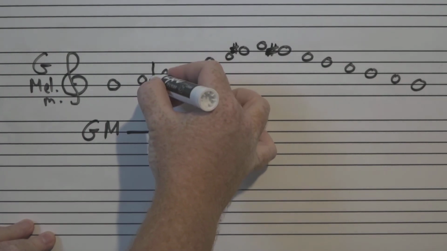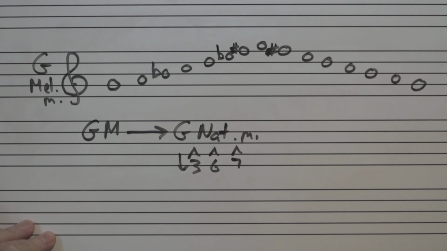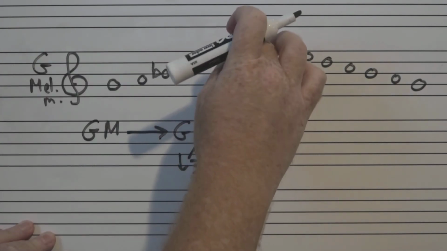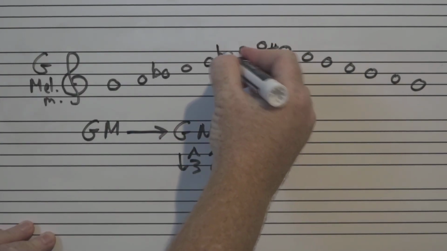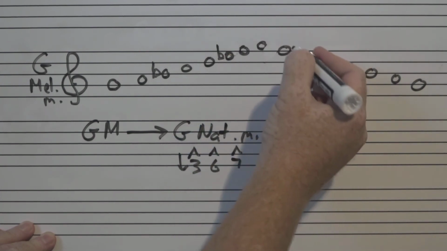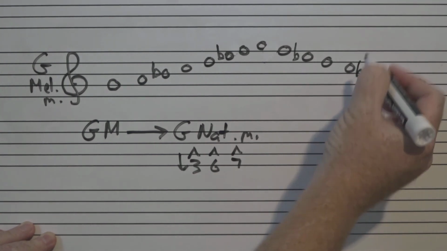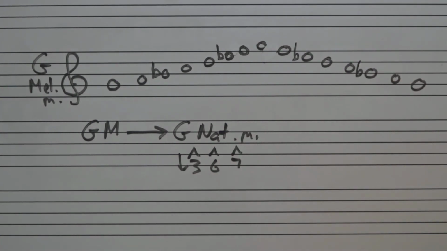Here's scale degree 3, 6, and 7. Let's do it on the way down too. Scale degree 7, 6, and 3. So now we have a G natural minor scale going both up and down.